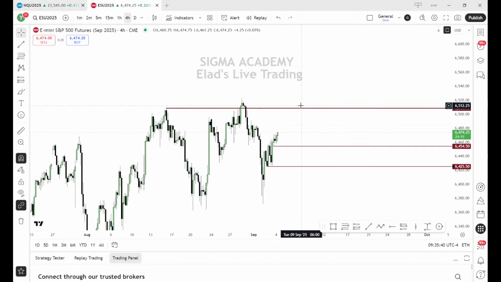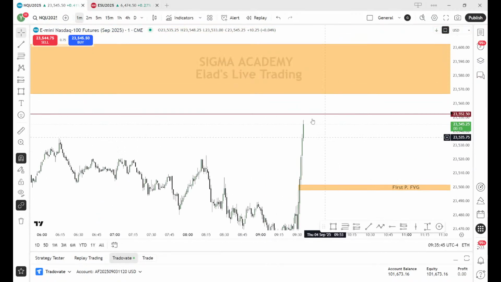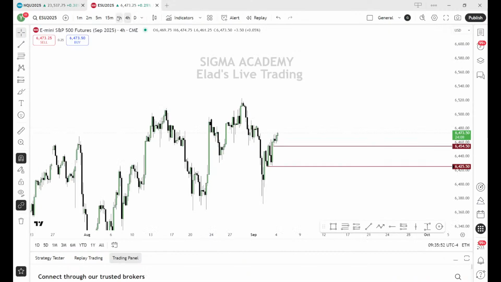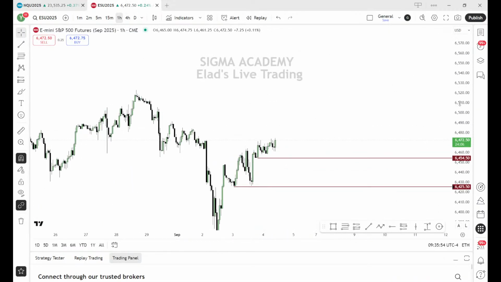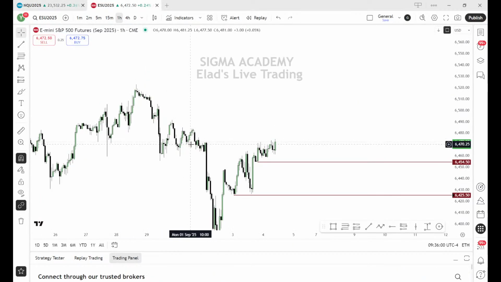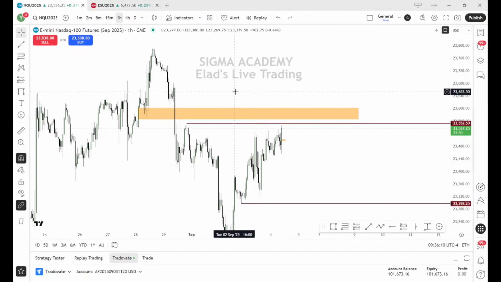What happens on the ES? This one is already taken. Notice, if this one is taken out, I will show you on the hourly chart. You can see here, right here, those correlated assets should have the same highs, the same lows.